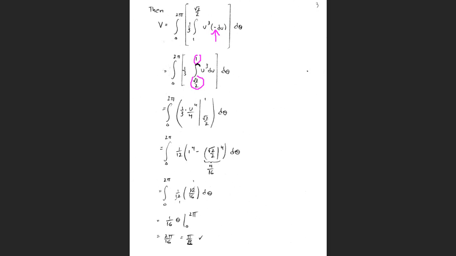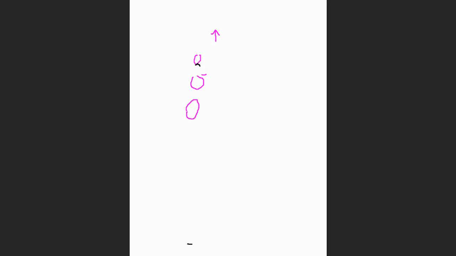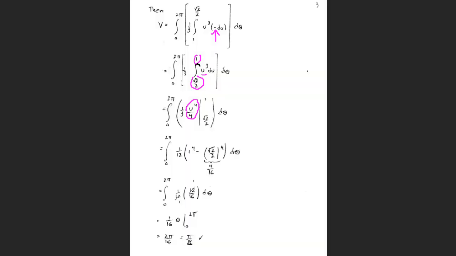And the antiderivative of u cubed is equal to u to the 4th over 4. And we substitute in the 1 and the root 2 over 2.